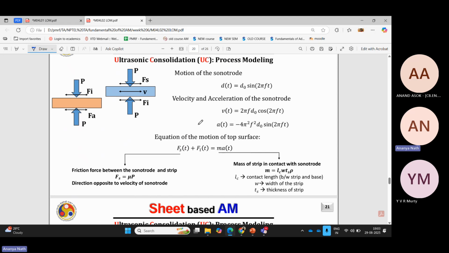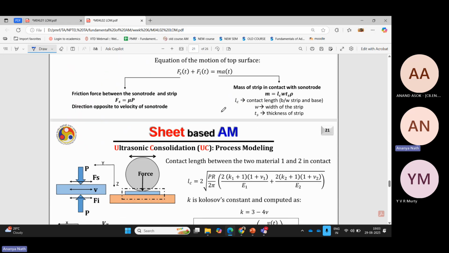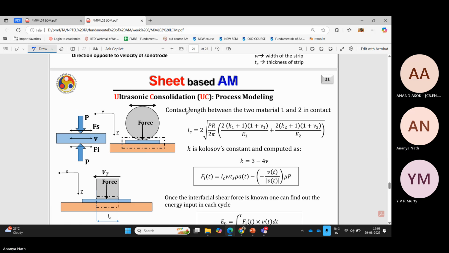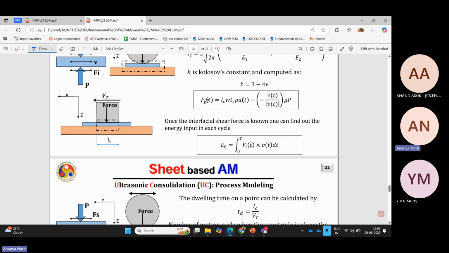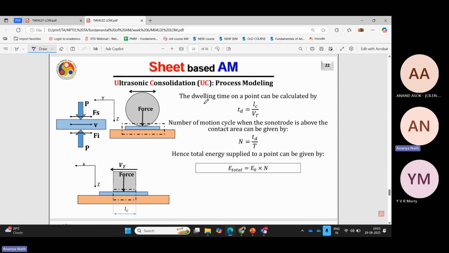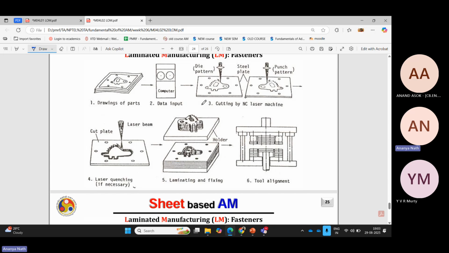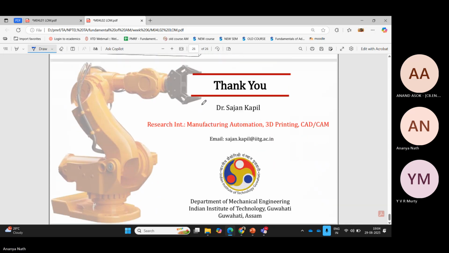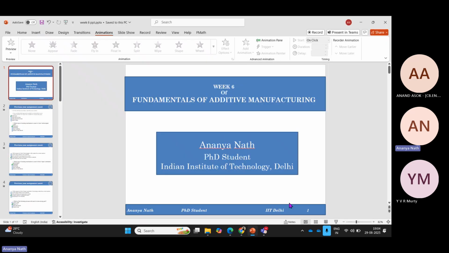This is just for your knowledge, of how you can derive the motion of the sonotrode from its velocity and acceleration, how it is rotating and moving at the same time, so that you can find out the contact length, how much the sonotrode should move on the metal strip, at how much velocity and acceleration, and what the vibration parameters should be. Then come the advantages and disadvantages, and that's it. So now I think we can start the question and answers.